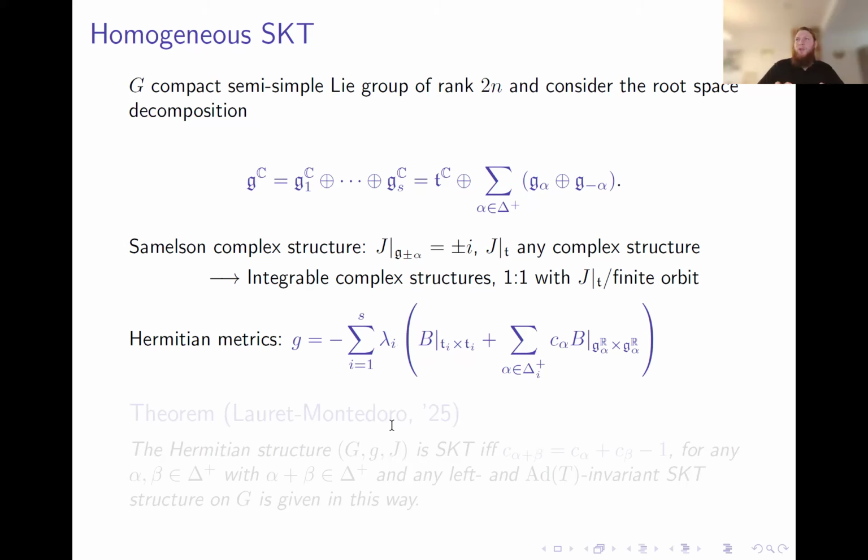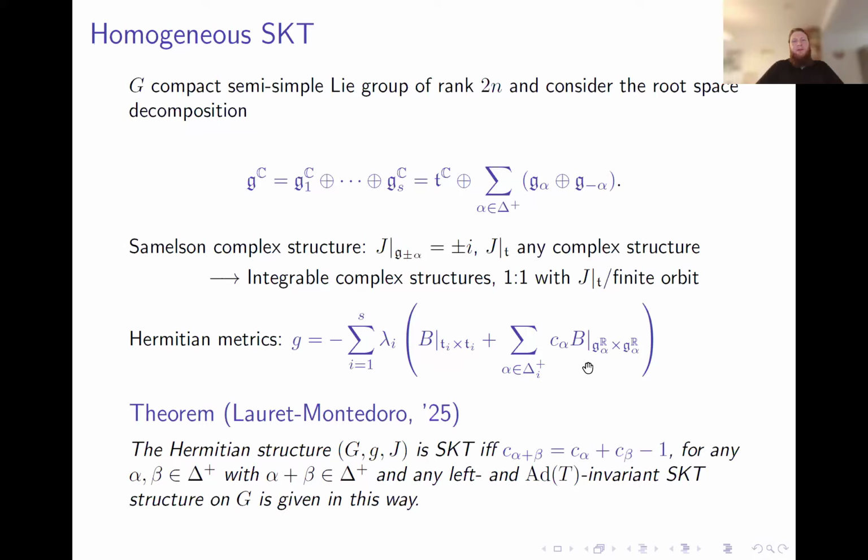If it is complex irreducible, there is exactly one way of fixing the lambda_i so that the metric is Hermitian. If it's complex reducible, so you have several complex factors, you have some choice in the lambda_i's. But for the rest of it, we won't really care about the lambda_i's. The important part is that we have these C_alphas that we can scale as we like, as long as they're positive, of course.